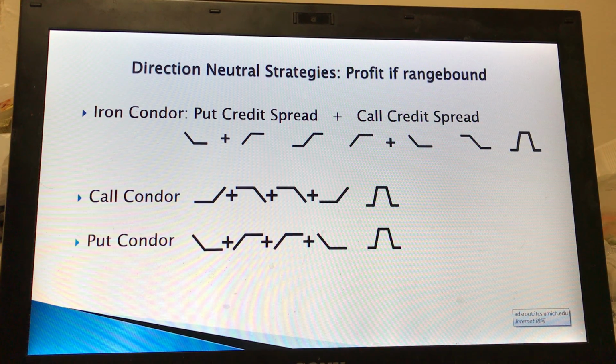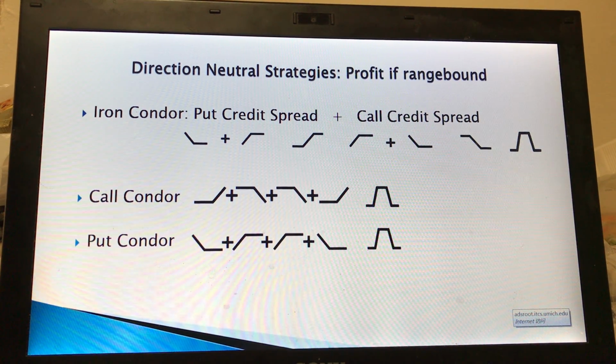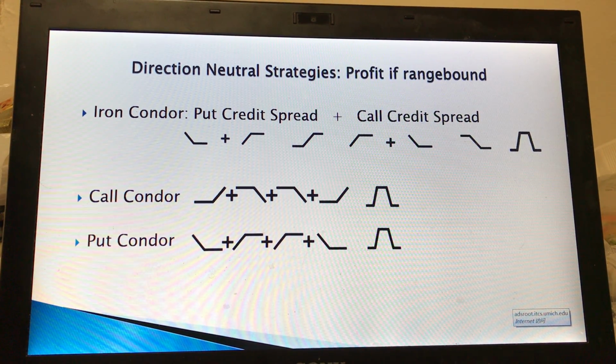So, if you are highly confident about this, do an iron condor before the earnings call. If the option experiences a volatility crash, then you will have a significant amount of profit from doing the iron condor.